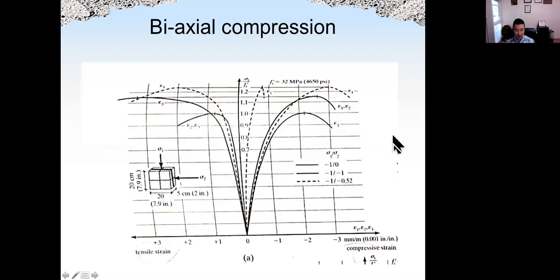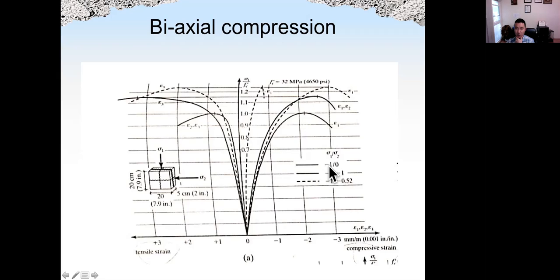Right. So this slide is showing us how the concrete will behave under biaxial compression. Okay. Which means on the vertical, we have compression, and also horizontally, we have compression too. Okay, so depending on the ratio of sigma 1 and sigma 2, as we can see from here, compression, we call that negative.